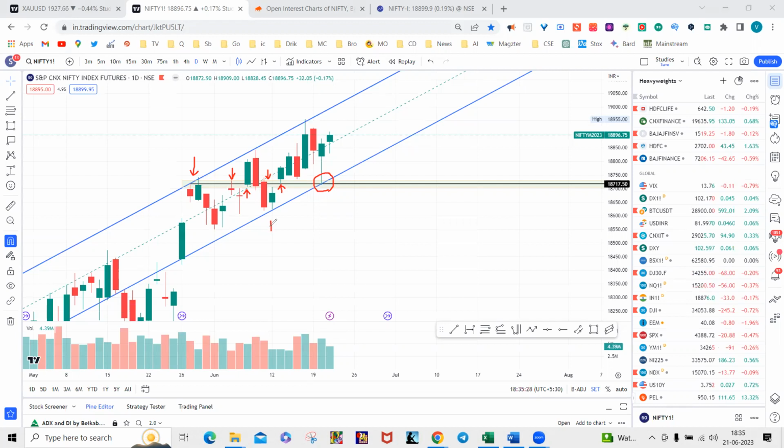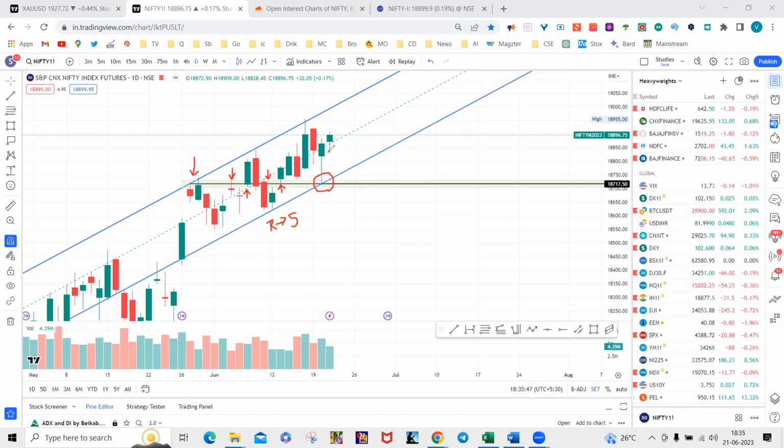So a classical case of resistance turning into support, as well as the trend line, which is running for almost a month. So this was a very strong zone of confluence of support for Nifty to rally, I think, yesterday.